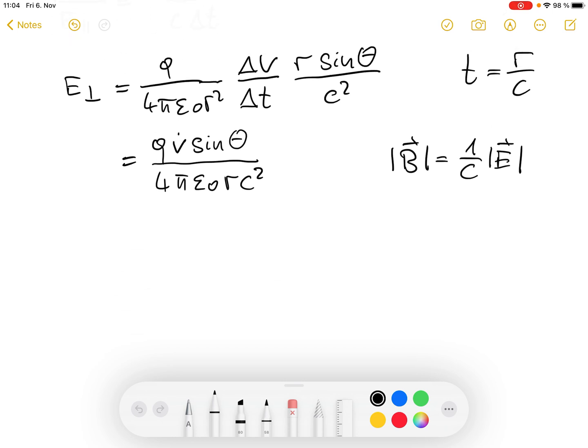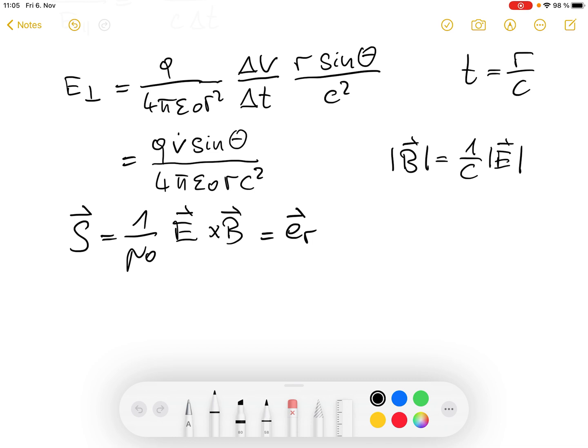Second, the definition of the Poynting vector, which is the vector along which an electromagnetic wave carries energy, is 1 over mu 0 times E field cross B field. And because E and B field are perpendicular and only the perpendicular component of the E field, perpendicular to the radius vector, falls with 1 over r, we know that the Poynting vector will point into the radial direction.